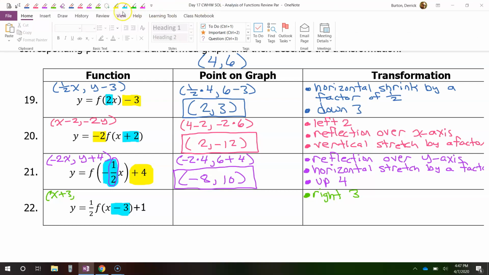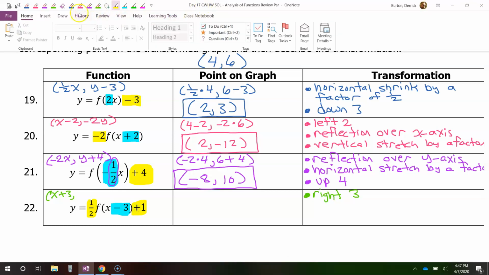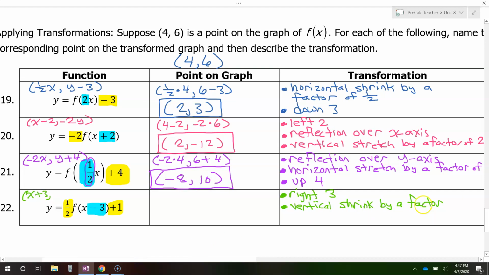Now, I see two transformations happening outside the function. There's this one and this one. Those transformations are happening vertically. They're going to affect the y values. And these ones are normal. They would happen just as you would think. So a 1/2 is going to be a vertical shrink. Okay, by a factor of 1/2.